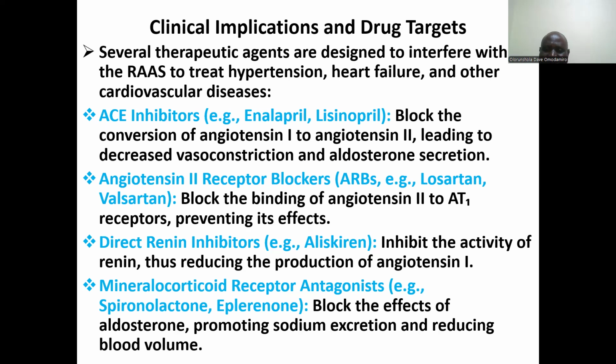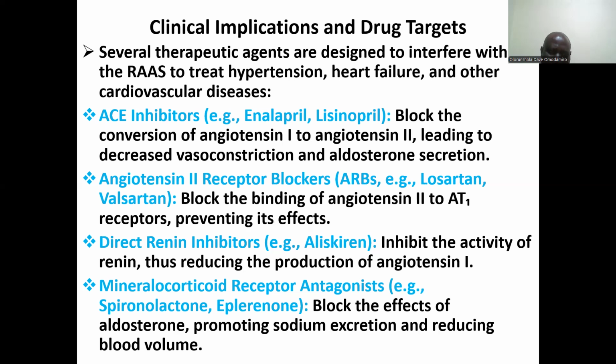Once the activity of renin is inhibited, there is going to be a reduction in the production of angiotensin 1, and when that happens, angiotensin 2 will not be produced. And if angiotensin 2 is inhibited, then the vasoconstriction and release of aldosterone will also be inhibited. A drug like aliskiren has also been identified.